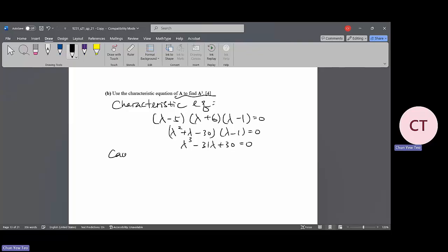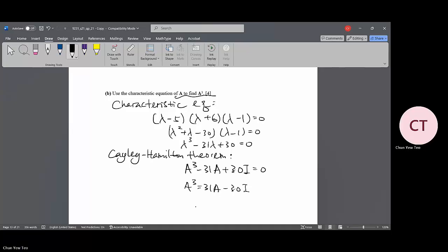So from the Cayley-Hamilton theorem, we have A cube minus 31A plus 30I is equal to the 0 matrix. So your A cube is equal to 31A minus 30I.